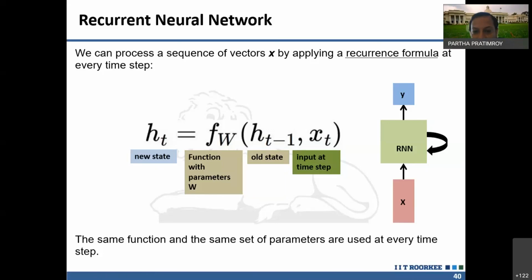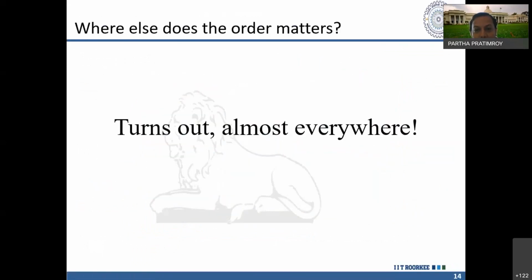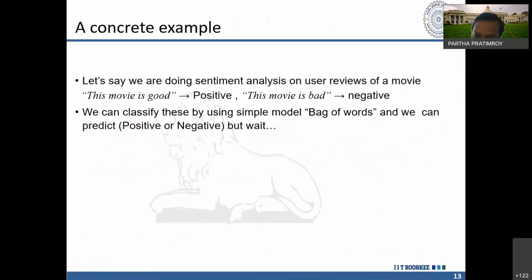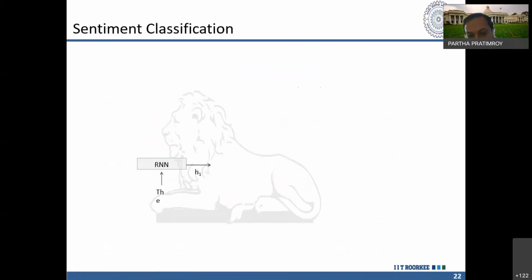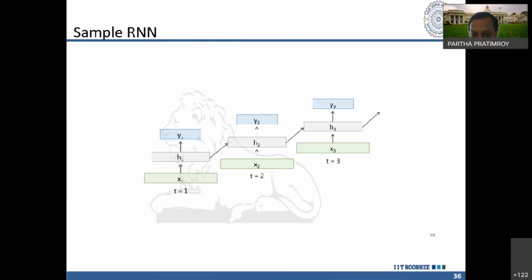If you remember, in multi-layer perceptron, the feature is actually the summation of wx. Whatever x are given, you multiply with the w's. That is the f function, and after activation you get the result.